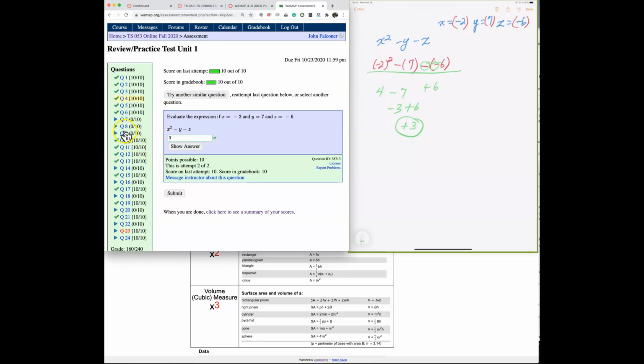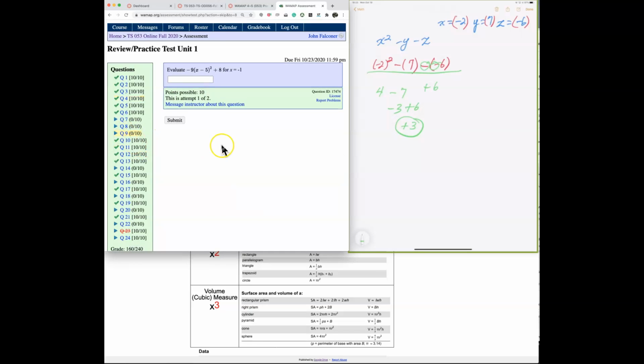All right, let's look at number 9. These have been pre-screened. Evaluate -9 times parentheses x minus 5 squared plus 8 for x, and x is equal to -1.